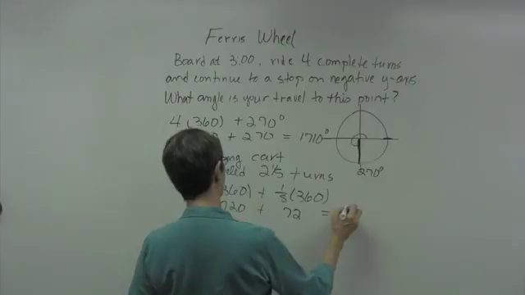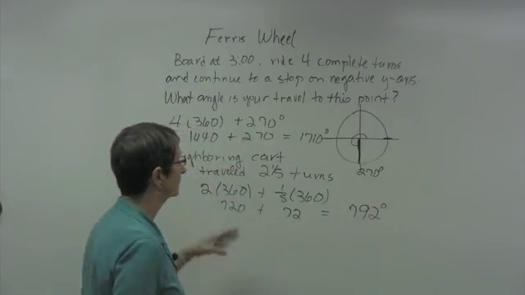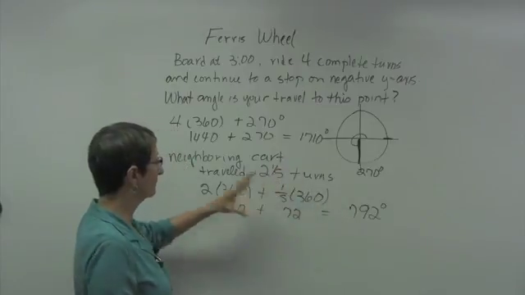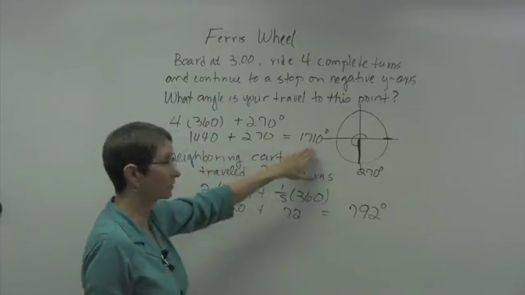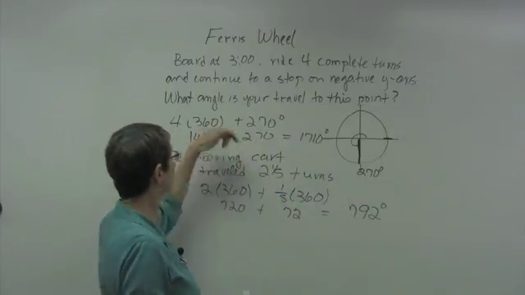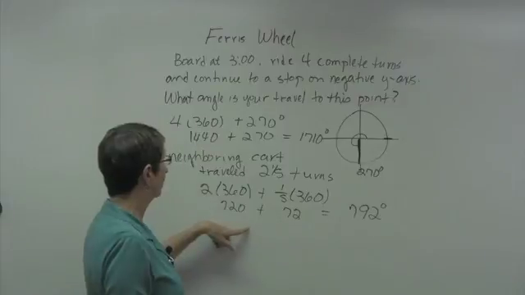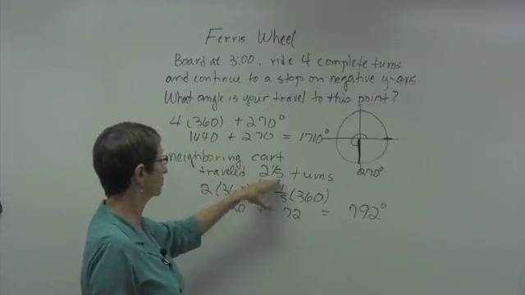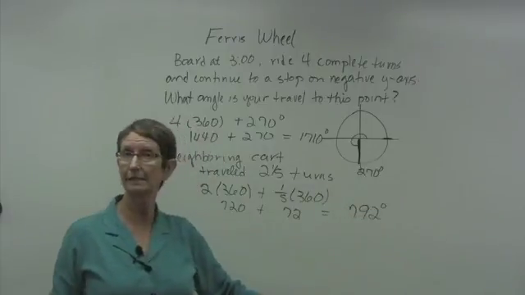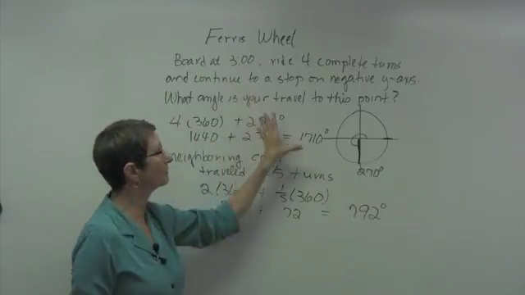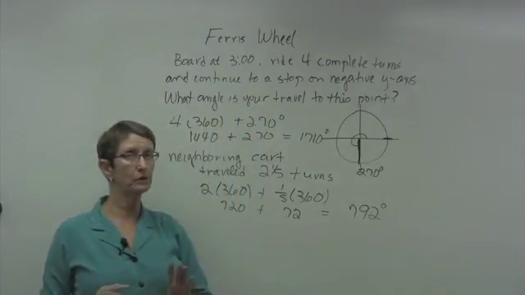So they traveled 792 degrees. So remember that if you have a big amount, for example, if I started with 1710, I'd have to subtract my turns to figure out where I ended. And here, for 2 1/5 turns, I would have to do pieces to get my degrees. So just read carefully where you start, where you end, and exactly what the question is asking you to find.